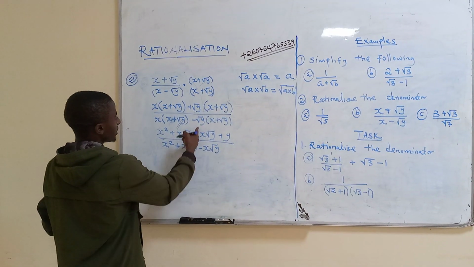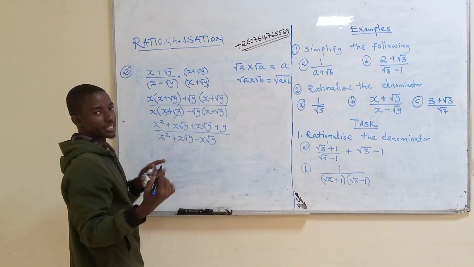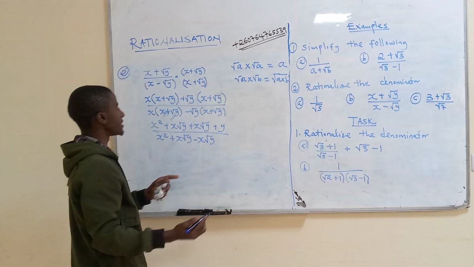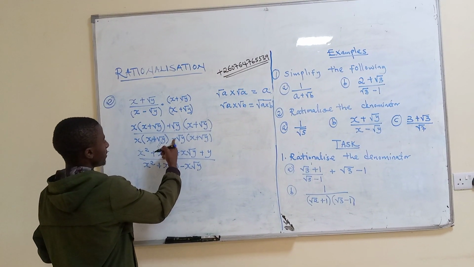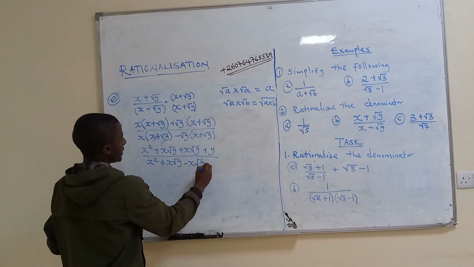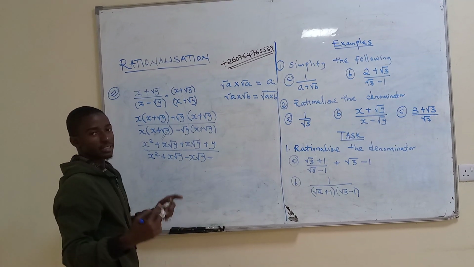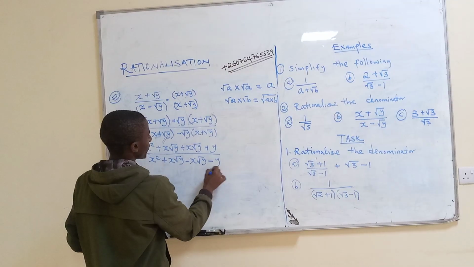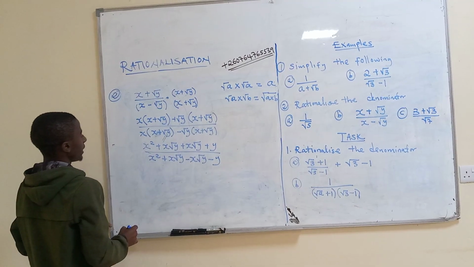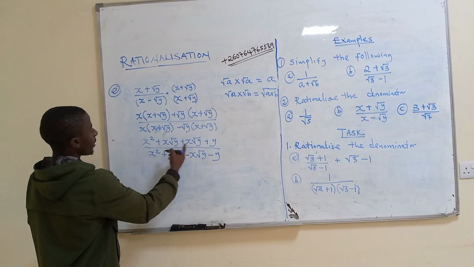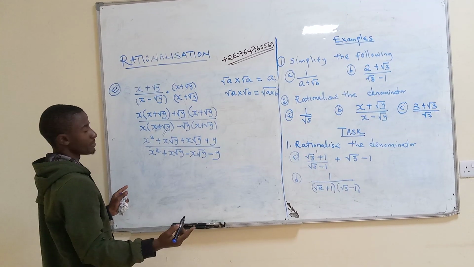So now you reach at this stage. First deal with the signs. That is positive, negative times positive, which is negative. What is under the square root? They are similar. So we are going to write y. So here we are now going to collect like terms.